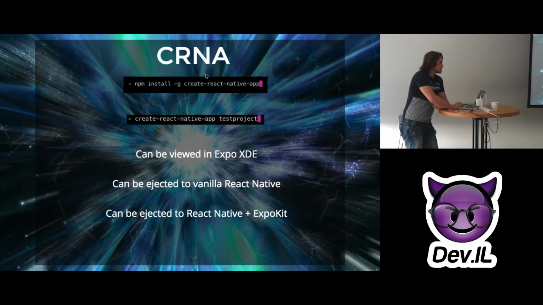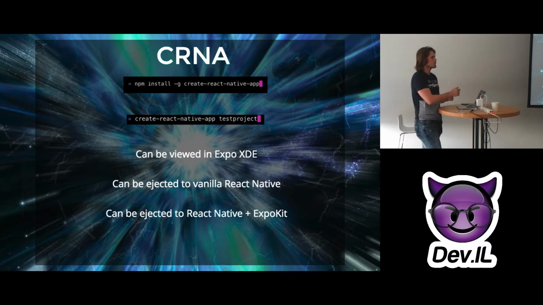So for Create React Native App, you basically install it, then you just create your app. This application can be viewed in Expo XDE, it can be injected into vanilla React Native, as I said, and can be injected into React Native plus Expo. Meaning you want your native modules, but you still want some things from Exponent.